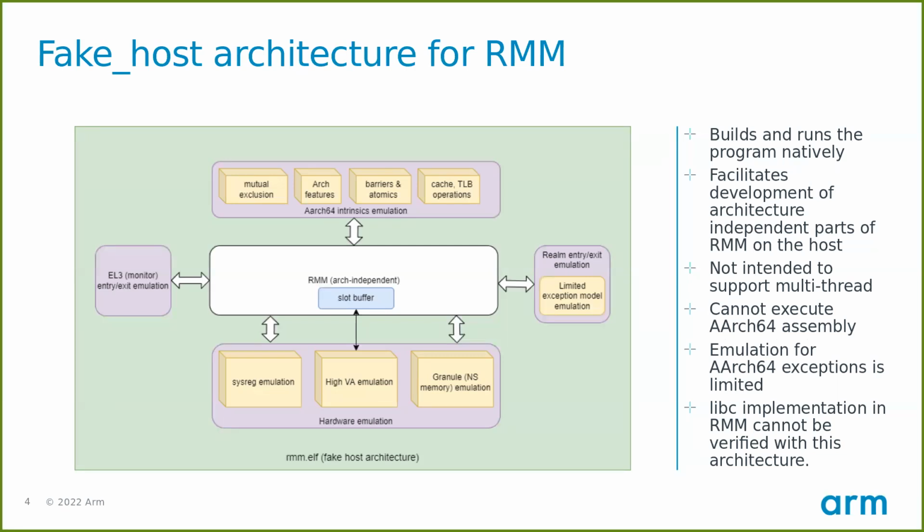We have some callbacks that are invoked natively when we try to emulate exceptions, but so far we've just implemented a bare minimum set of exception handlers. Also, the libc implementation for RMM cannot be verified with this architecture, as in this case the compiler will link with its default libc implementation.